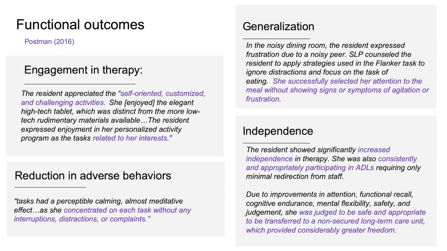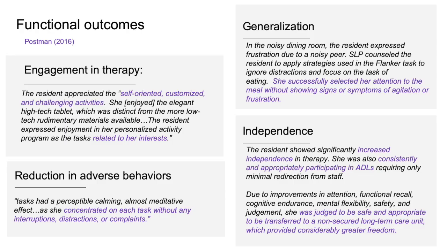For generalization, the author wrote about an experience in the noisy dining room. The resident expressed frustration due to a noisy peer. The SLP counseled the resident to apply strategies used in the flanker task, which this exercise is now called Choose Which Direction, to ignore distractions and focus on the task of eating. She successfully selected her attention to the meal without showing signs or symptoms of agitation or frustration.